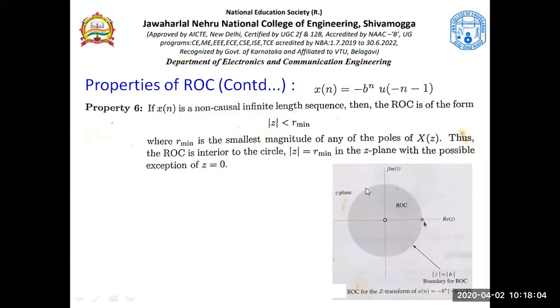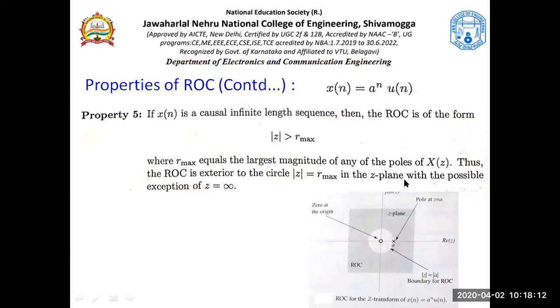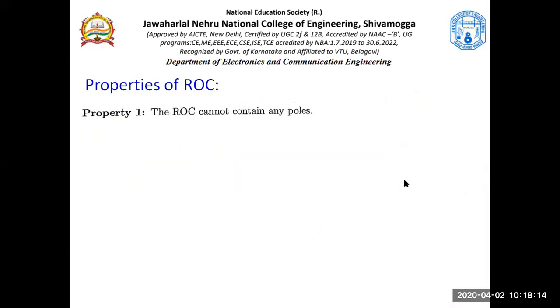It can only be on the boundary or on the edge of the region of convergence. That is the meaning of this. Property 1 very clearly says the ROC cannot contain any poles. When it says it cannot contain any poles, the poles that we mark can be there on the boundary, but it cannot be within the ROC.